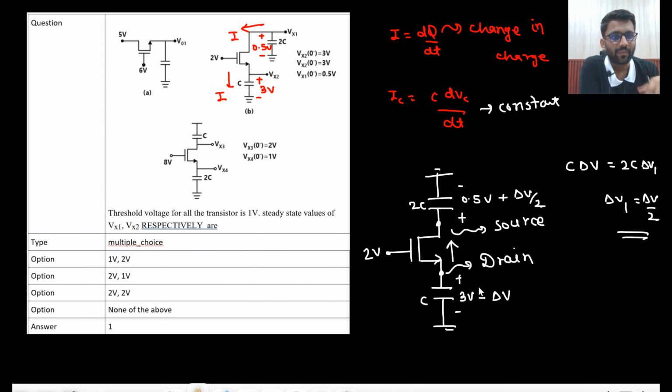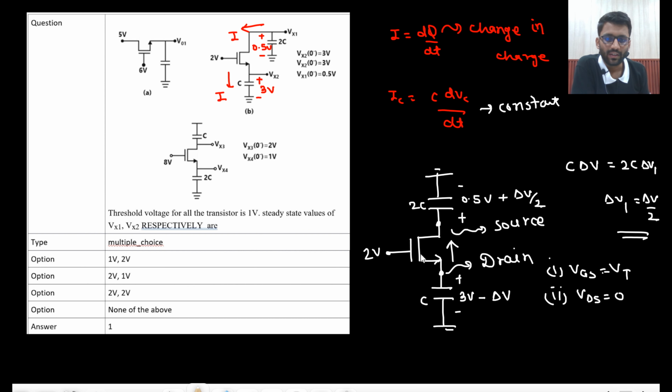Now at steady state what will happen? VGS will be equal to VT. First condition is at steady state VGS equals VT, and the other condition is that VDS equals 0. If one of them is reached first, at that time we will have the steady state. Which one will reach first? Let's check that out. So VGS is equal to VT.